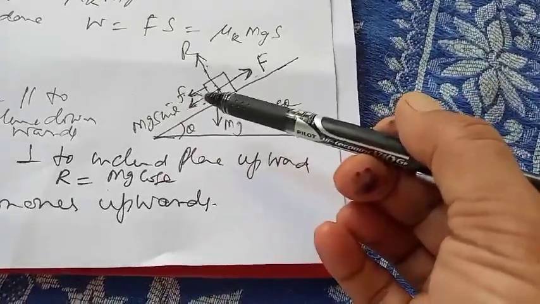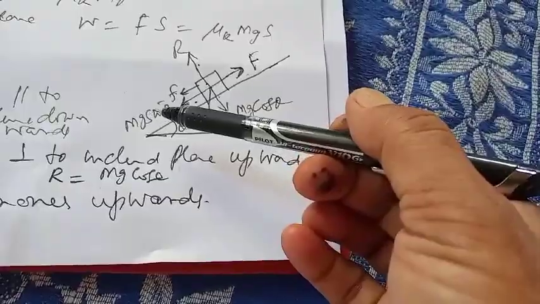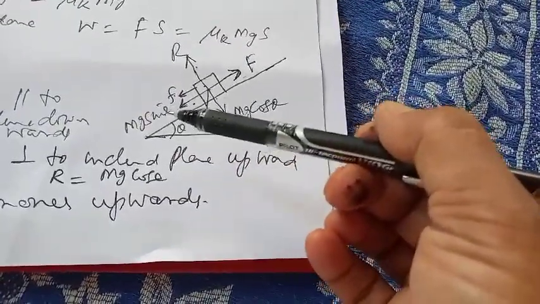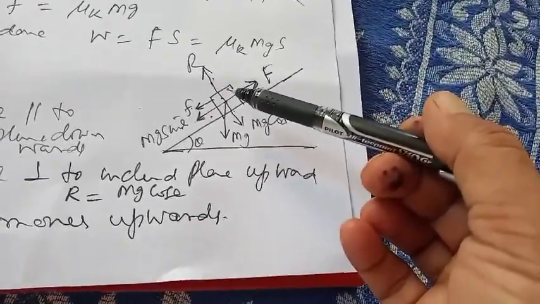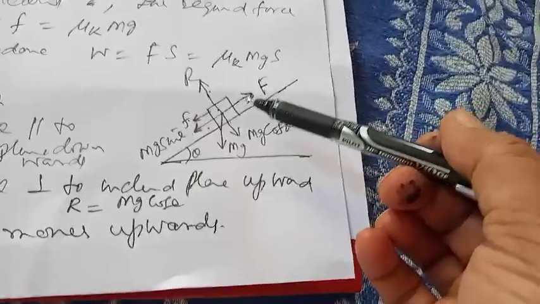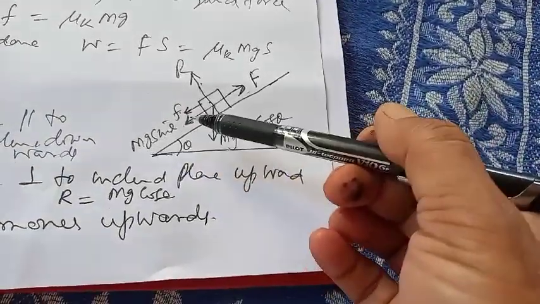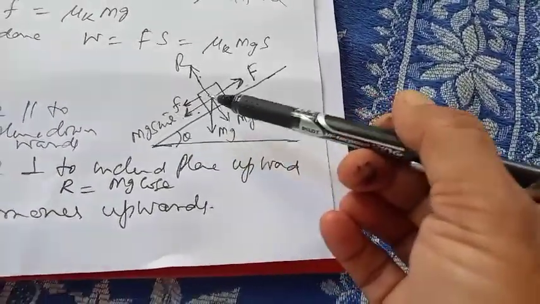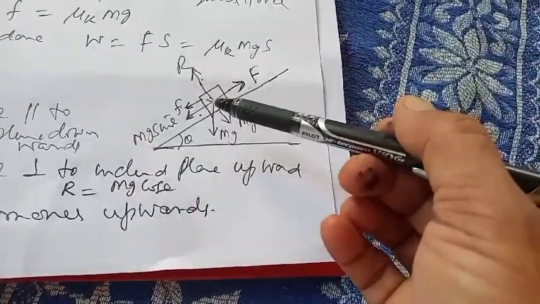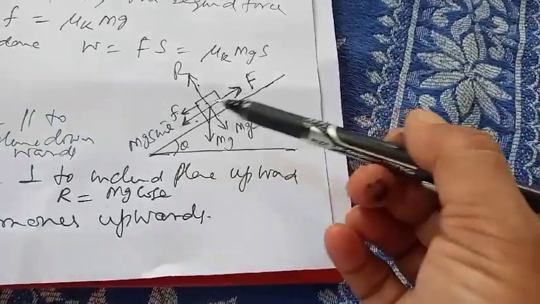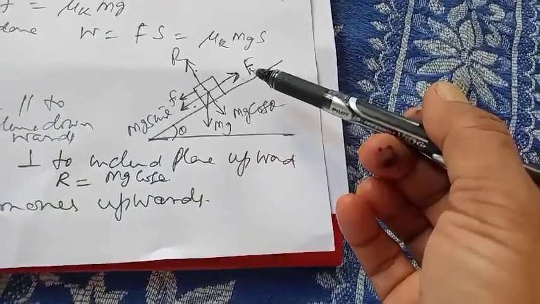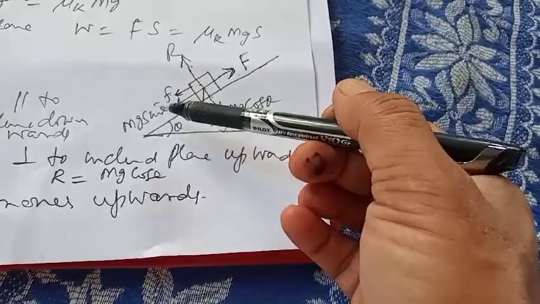So the required force F will act downwards, as we wish to move the block downwards. The required force will be equal to the force of friction minus this mg sin theta, which will help the block to move downward.